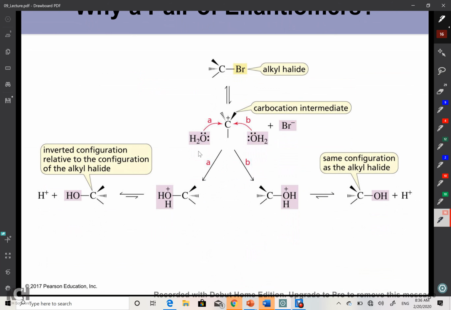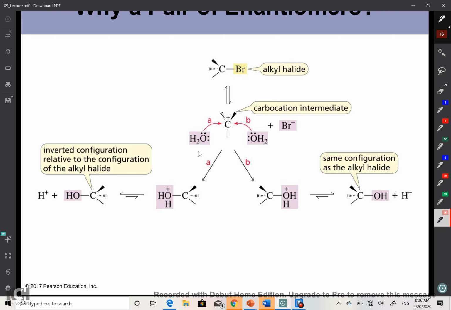This diagram basically explains what racemization is all about. When you have the carbocation here, that carbocation is flat. So your incoming nucleophile can attack it from the B side, or it can attack it from the A side. If it attacks from the A side, you end up having that product.